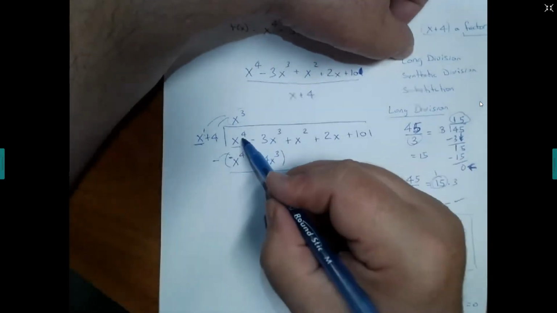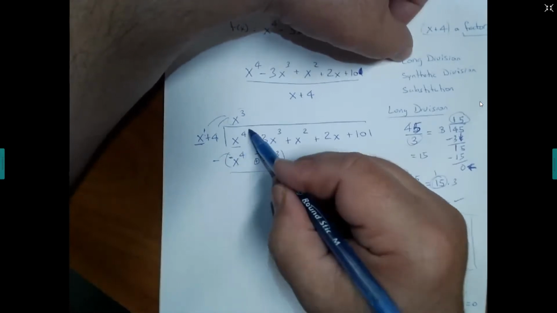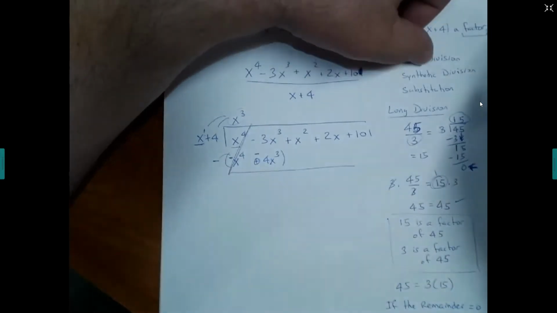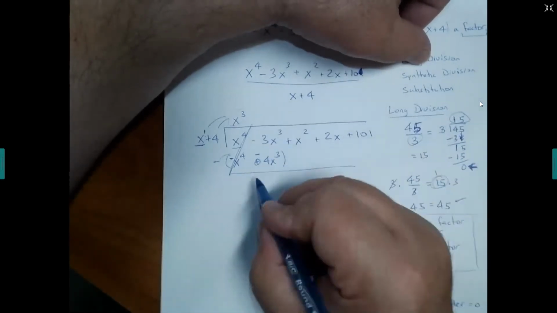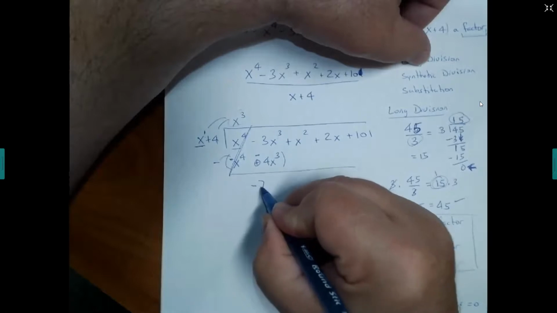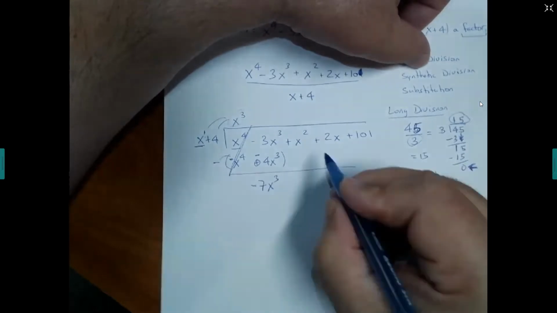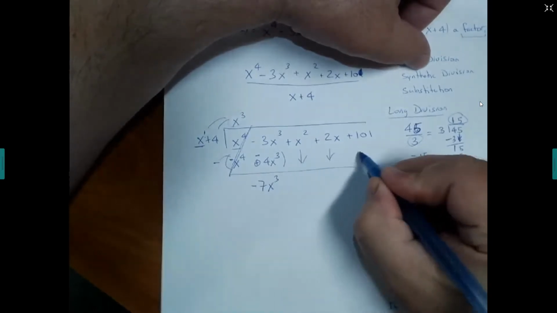Now add x to the 4th minus x to the 4th, they cancel. Negative 3x cubed minus 4x cubed, they're both negative. 3 plus 4 is 7, x cubed, and bring down everything else.